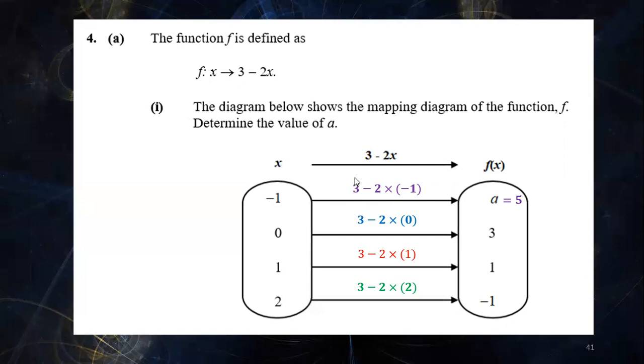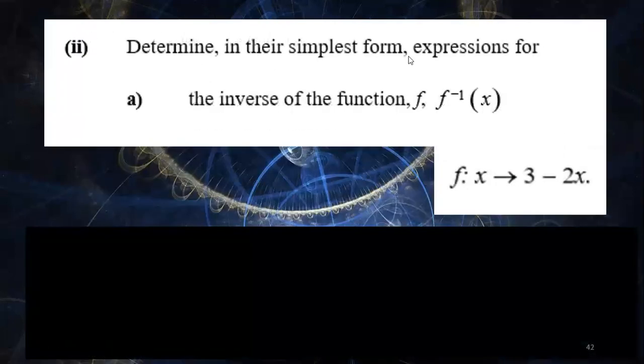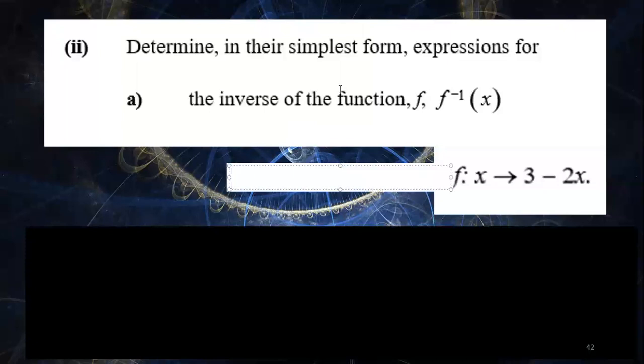All right, great. Well, let's look at this question here. It says, determine in their simplest form expressions for the inverse of the function, f inverse of x. So we do the old-fashioned way, and then I'll show you a slightly different way.